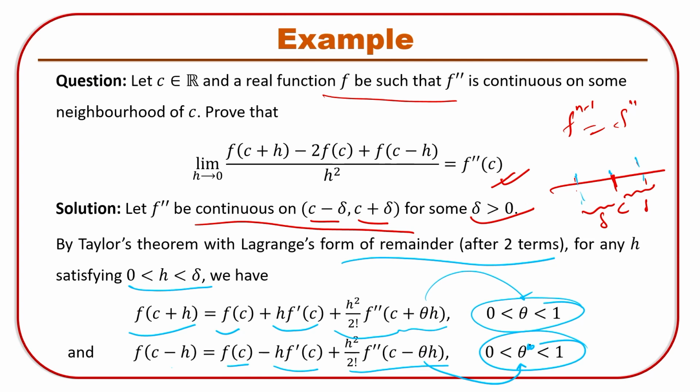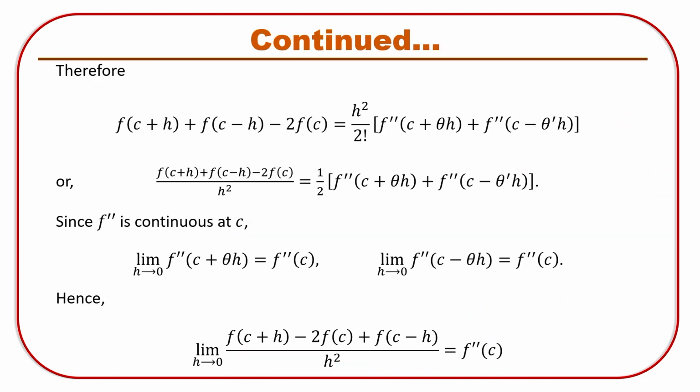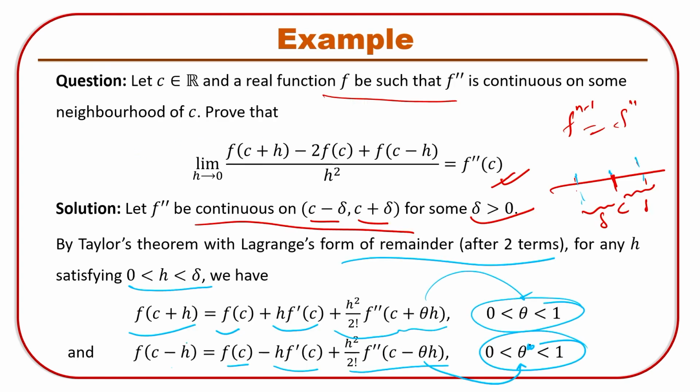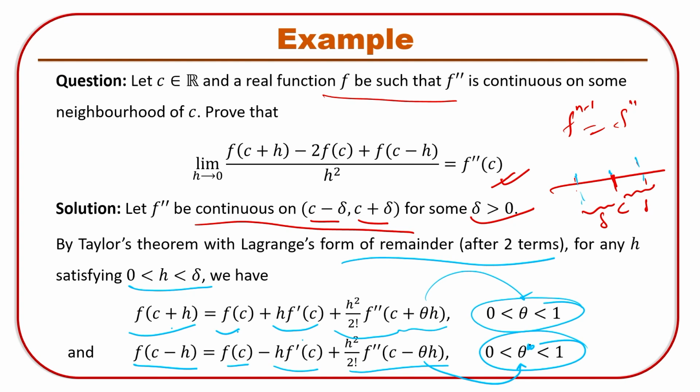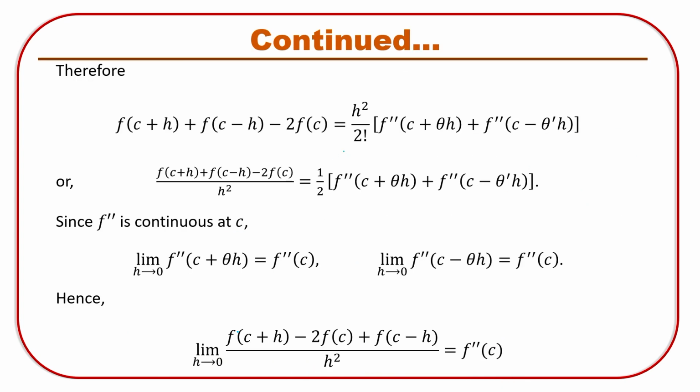Now, add these two terms. Adding f(c plus h) plus f(c minus h) minus 2 f(c) is equal to h square by factorial 2 into f double dash of c plus theta h plus f double dash of c minus theta h.